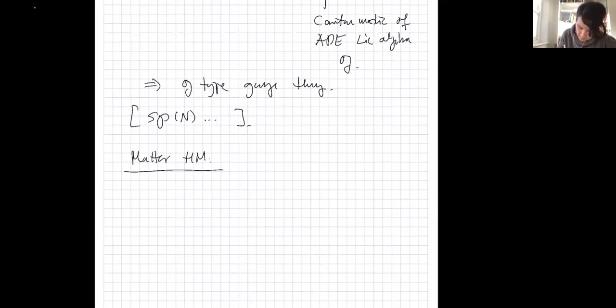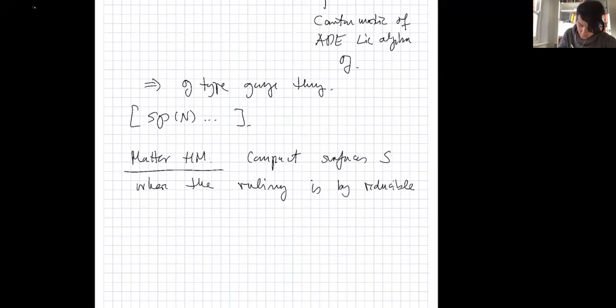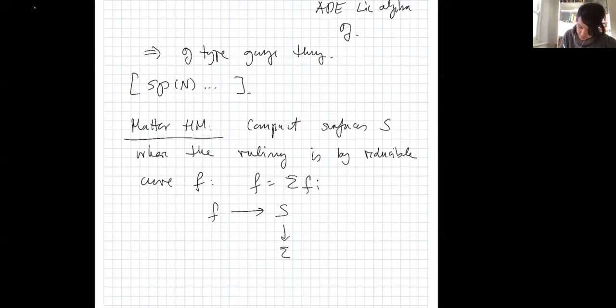These come from compact surfaces S, where the ruling is by a reducible curve F. So F is some sum over Fi, and F fibers S over some sigma, but now we also want that F_i squared is -1. So these are what's called -1 curves.